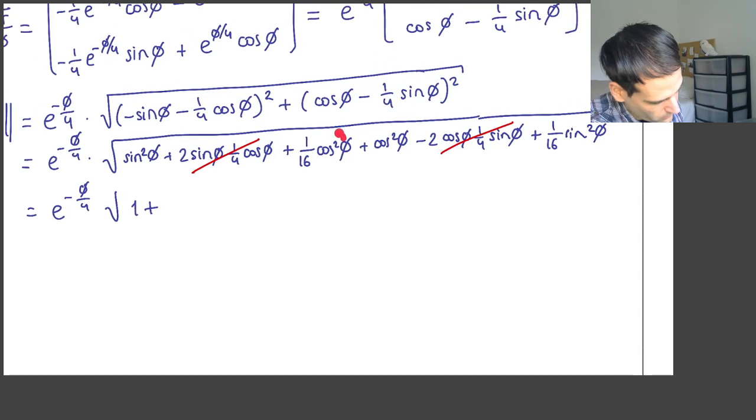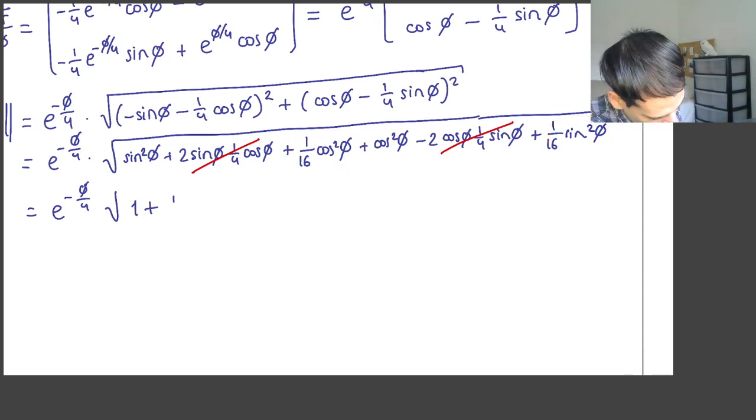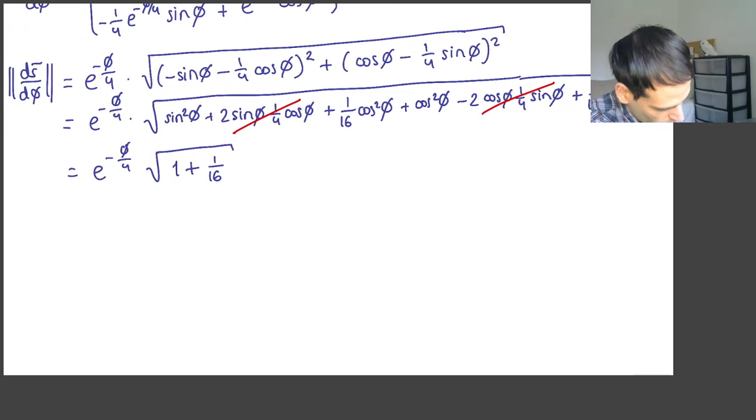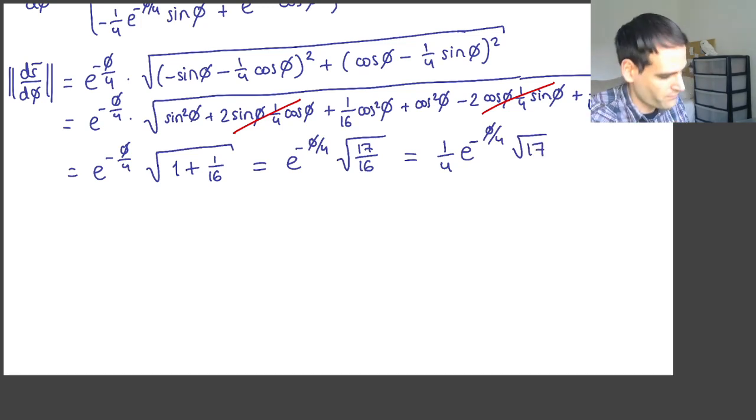So 1/16 of cos squared plus 1/16 of sine squared, that is simply 1/16, and the square root of that. So this is basically the square root of 17/16, which is equal to, the square root of 16 is 4, so we get 1/4 e to the minus phi over 4 times the square root of 17. Okay?